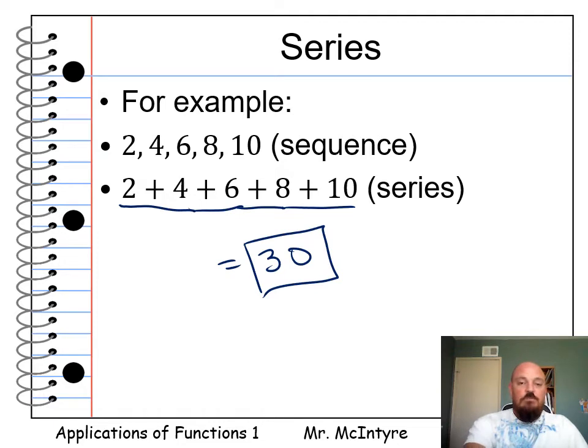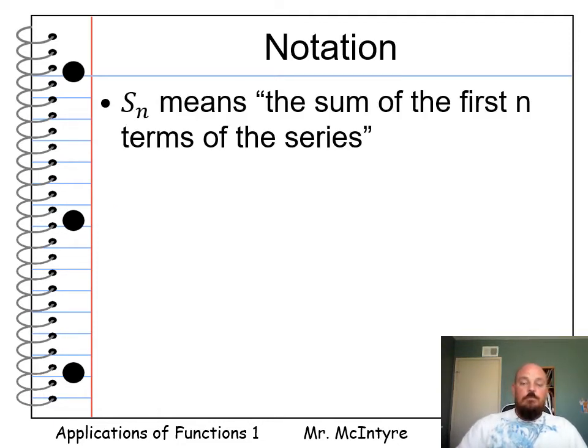What I want to focus on for the rest of the notes today is a notation we're going to use. Remember last week we said A sub n is a term in a sequence. Well, S sub n stands for a sum or a series. The letter S stands for series or sum, and both of those mean add up. So Sn means the sum of the first n terms of the series.